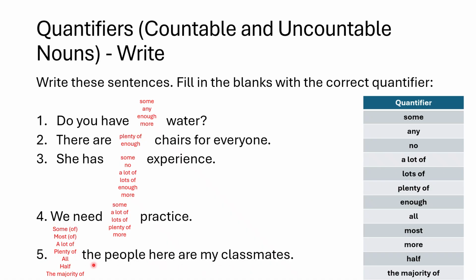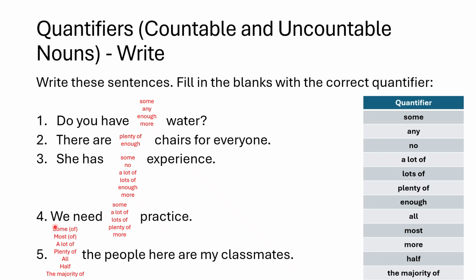A lot of the people here are my classmates. Plenty of the people here are my classmates. All of the people here are my classmates. Half the people here are my classmates. The majority of the people here are my classmates.